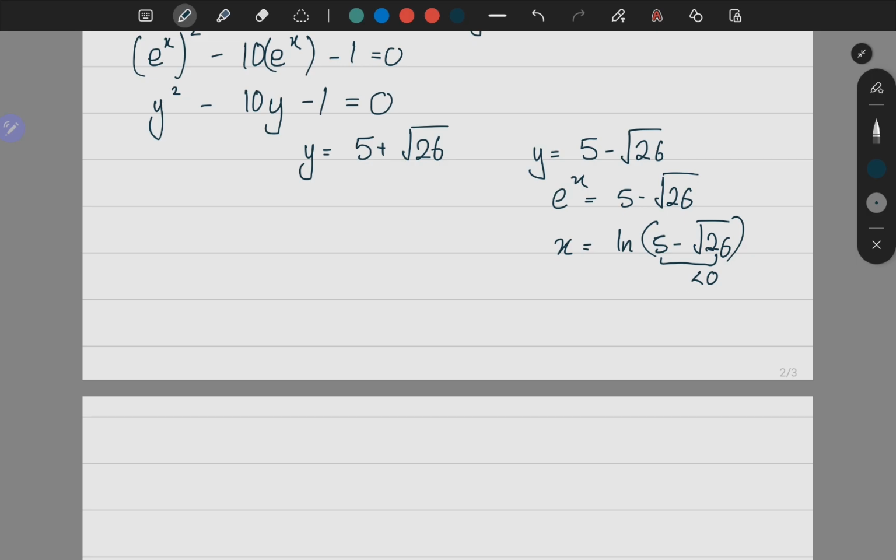And the natural log of anything that's negative does not exist. So this one we can just ignore, we can just reject it, right? That's fine. And then we can accept this one. So e to the power x will have to equal 5 plus root 26, and then x will have to equal the natural log of 5 plus root 26. And that's going to be our answer.